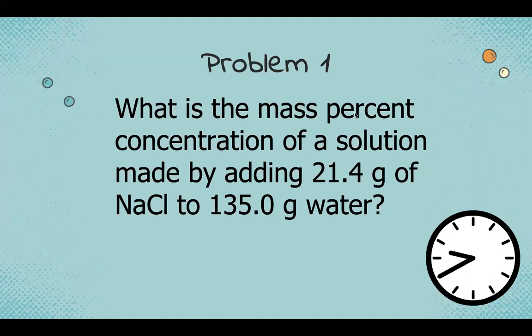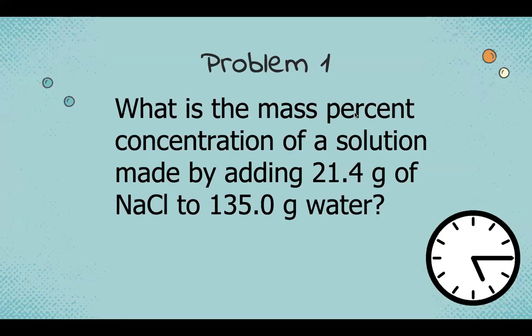So what is the mass percent concentration of a solution made by adding 21.4 grams of sodium chloride to 135 grams of water? In this problem, let's analyze what is the solute and what is the solvent. So obviously, the solute is the NaCl and the solvent is the water.